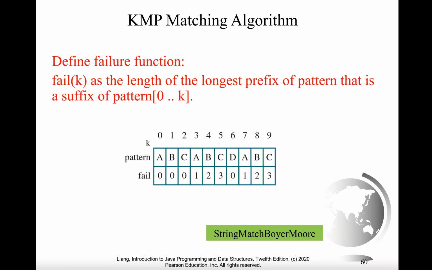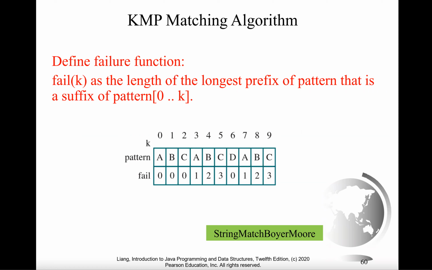In the brute force or the Boyer-Moore algorithm, once a mismatch is found, the algorithm restarts to search for the next possible match by shifting the pattern one position to the right for the brute force algorithm and possibly multiple positions to the right for the Boyer-Moore algorithm.